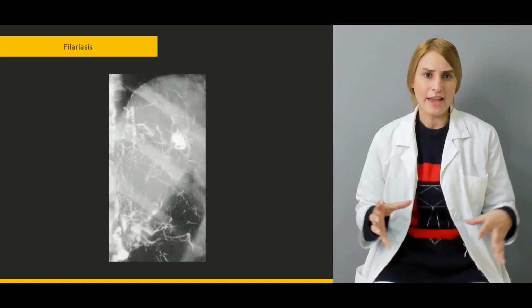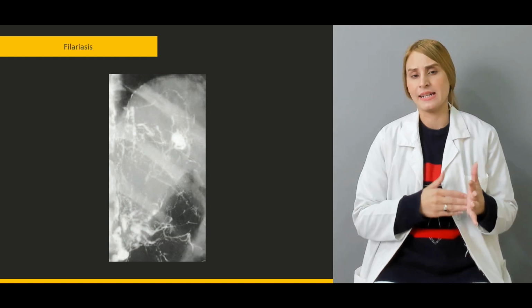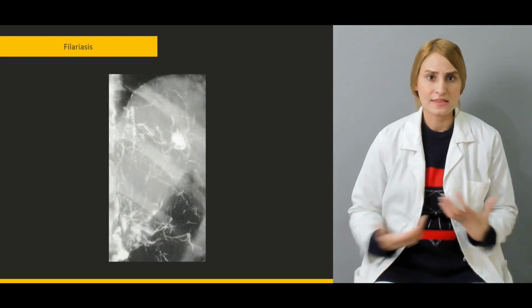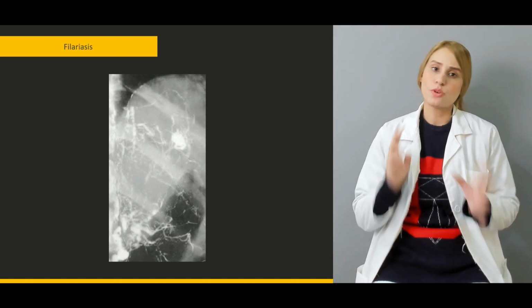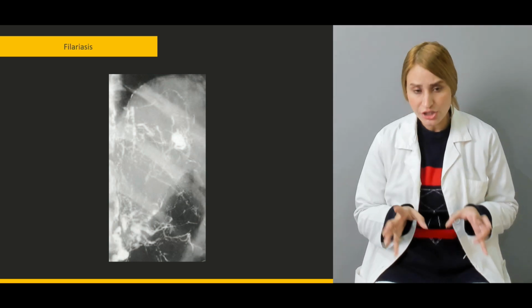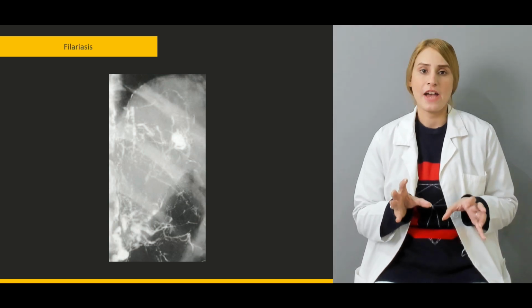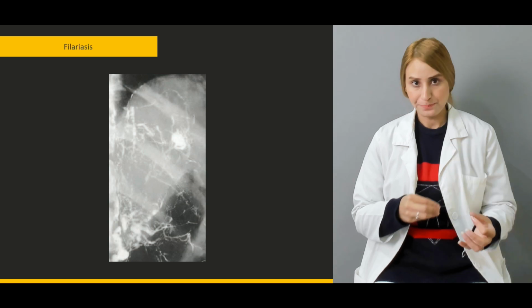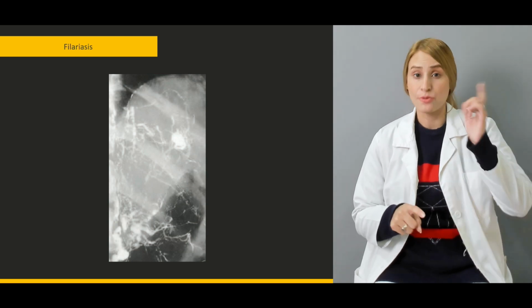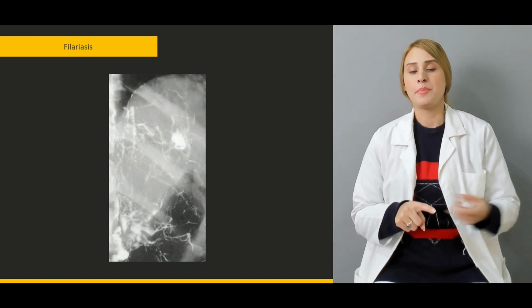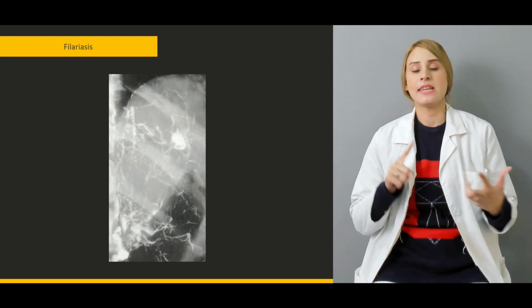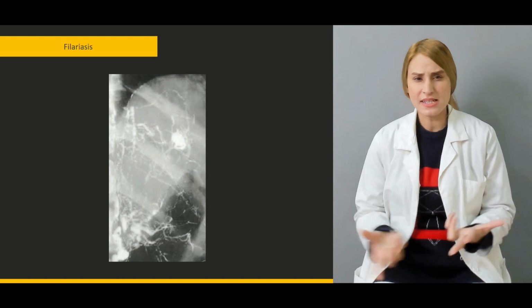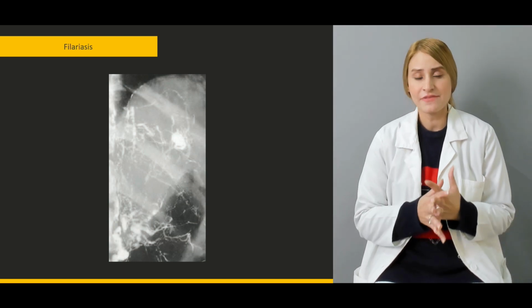It reaches the lymphatic channels through the blood, and ultimately it starts damaging them. There are two mechanisms that destroy the lymphatic channels: one is direct tissue damage by this organism, and the other is immune mediated, because obviously it's a parasitic infection.